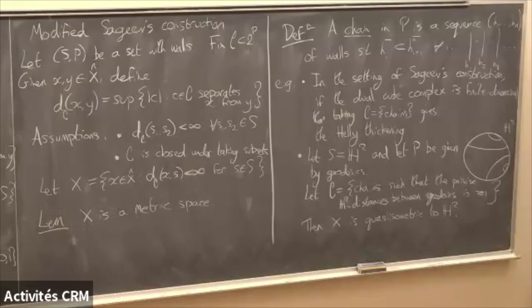This says that every filter on P extends to an ultrafilter. An ultrafilter is just a point in X hat. The reason I'm stating this is it's useful for making constructions, because if you want to construct some point in X hat, that means you're trying to construct an ultrafilter.